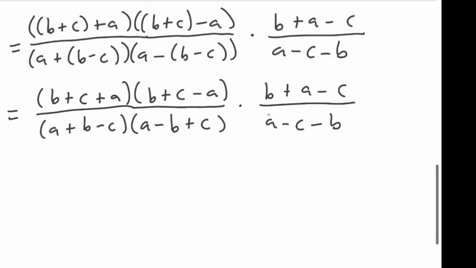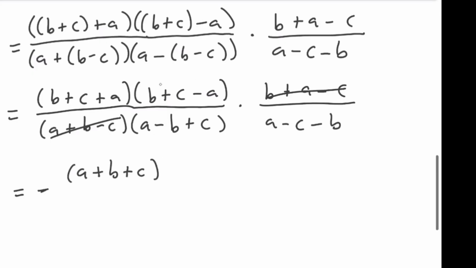Now let's see, a plus b minus c. So this is the same as this, right? And do I have something here? A minus b minus c. So I can factor out a negative. So the first one's going to remain unchanged. I'm just going to leave that as a plus b plus c.